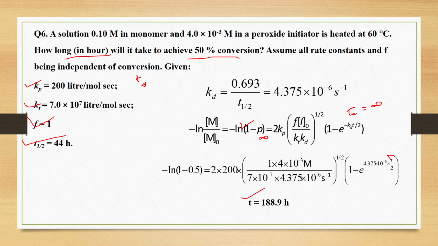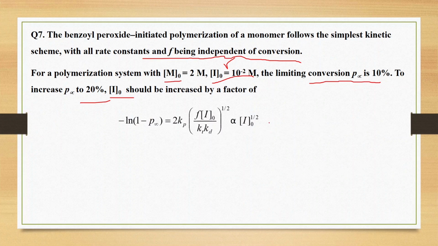Once you put e to the power minus infinity, that will come as 0. So this part will no longer be there. 1 minus 0 will be 1, so this part is no longer there. The only part that is left is minus ln of 1 minus p infinity equals 2 kp f I0 divided by kd kt, under a square root. Now see, the other parameters, that is f, kd, kt, kp, are all constants.